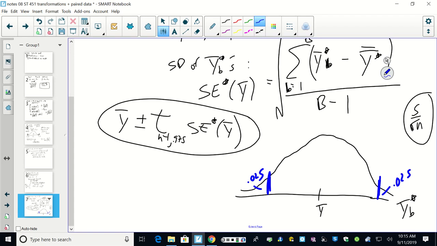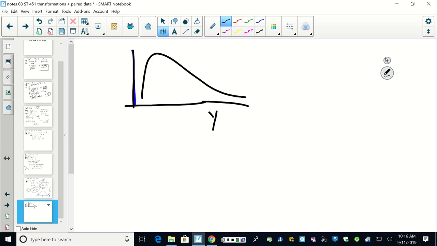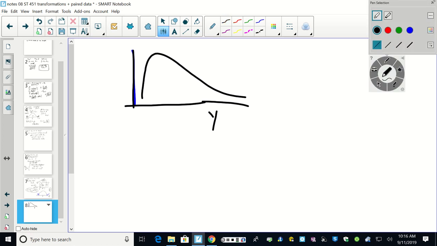And if the original data were skewed, then you resample. So if you have a situation where the original y were kind of skewed like this, and then you do some bootstrap samples, you could get the distribution of the bootstrap averages.